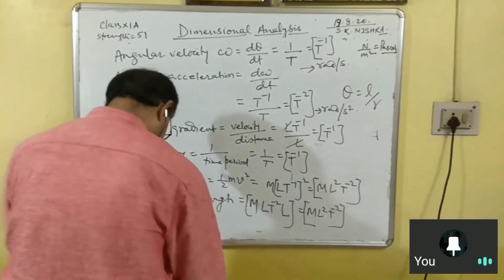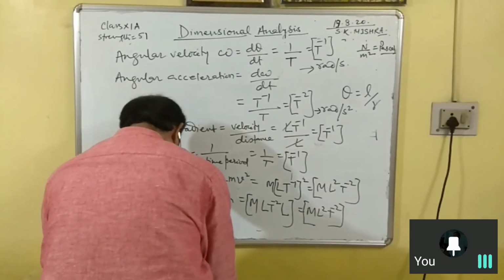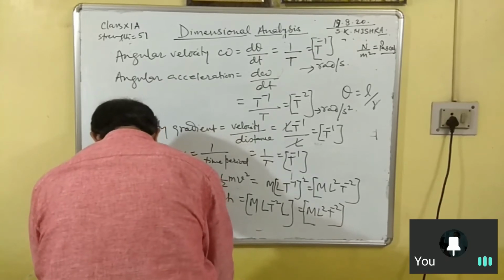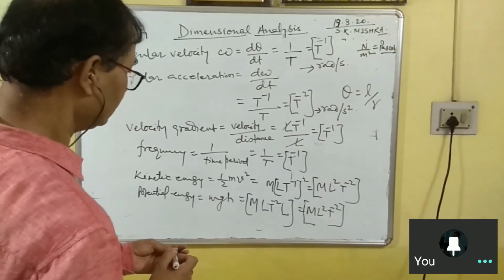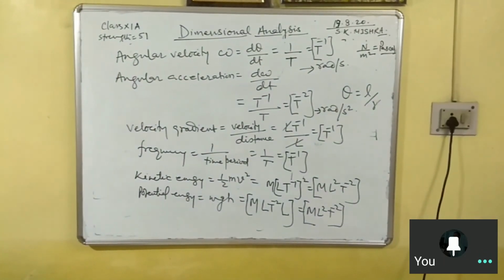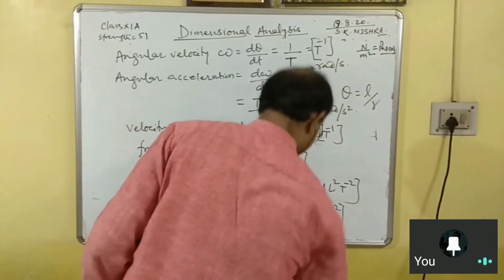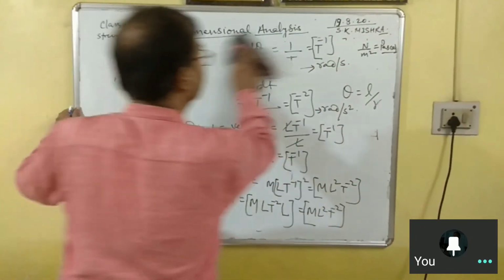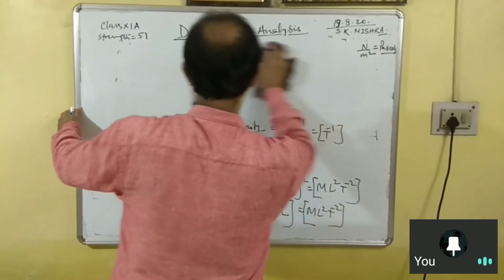Now we can talk about some other physical quantities also, that is rotational kinetic energy. Linear kinetic energy we have seen as half m v squared.